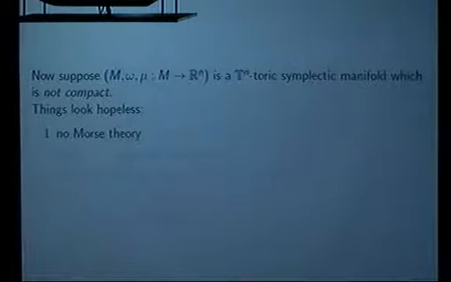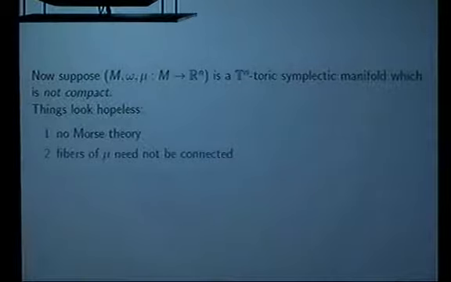He only had flow lines connecting the critical points. But anyway, there is no Morse theory in a non-compact setting in this case, because we're just taking a compact symplectic toric manifold and removing arbitrary subsets. You won't even have flow lines.